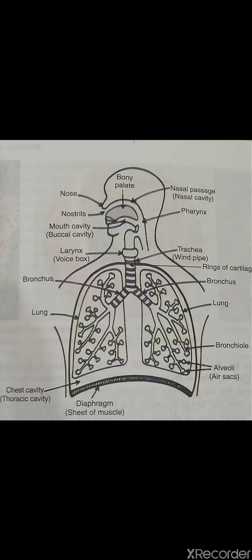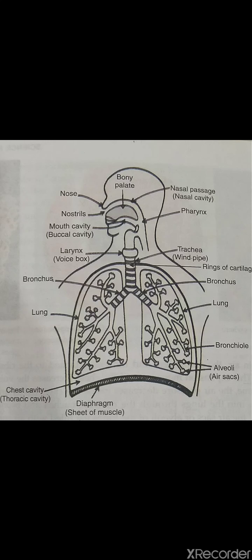So the oxygen of air diffuses out from the alveoli walls into the blood, and the oxygen is then carried by this blood to all the parts of the body. As blood passes through the tissues of the body, the oxygen present in it diffuses into the cell due to its high concentration in the blood, and this oxygen then combines with glucose, with digested food present in the cells, and therefore releases energy.